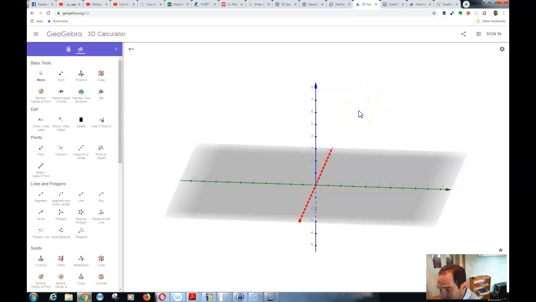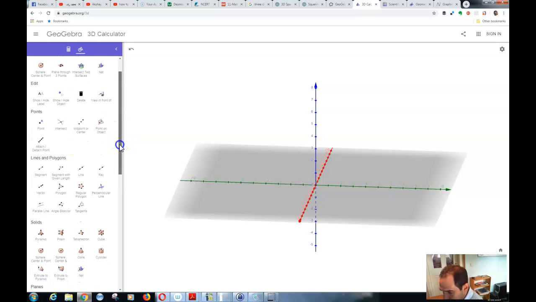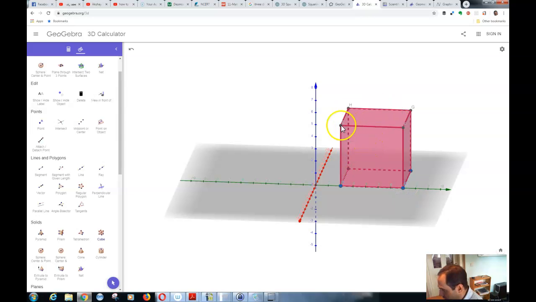But I know that if I want to create a parallelepiped, which is what I want to do right now, I would choose cube, and then put 2 points over here, and that would take care of the problem automatically.